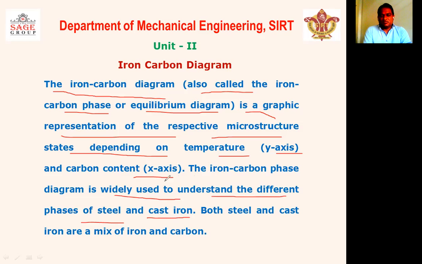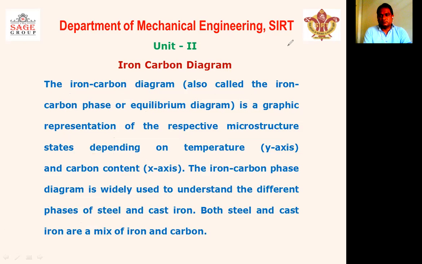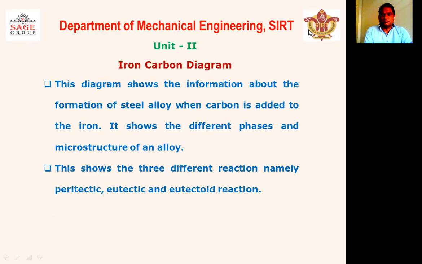Both steel and cast iron are a mix of iron and carbon. This diagram shows the information about the formation of steel alloy when carbon is added to the iron.